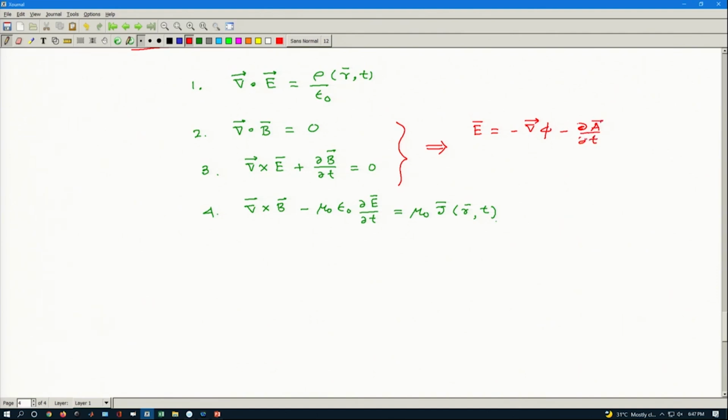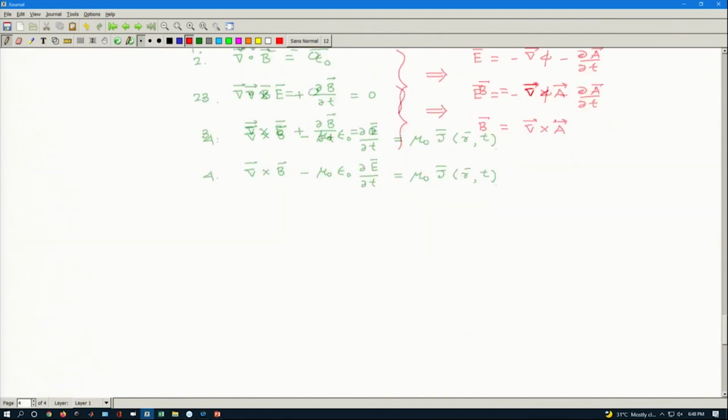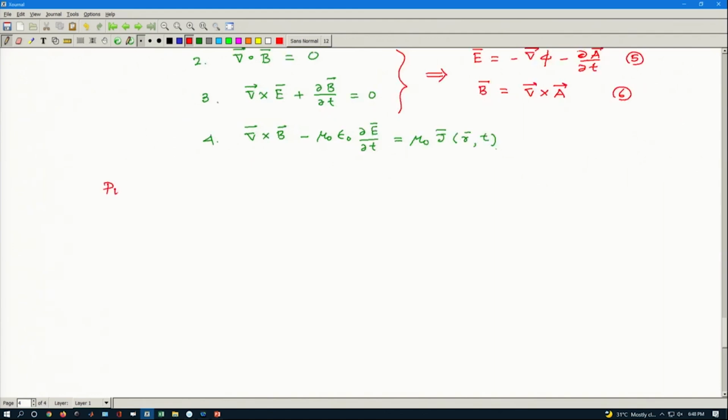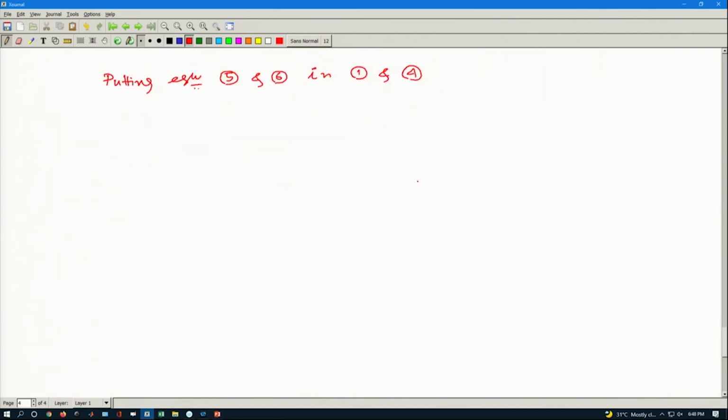So, I can express this information in terms of a scalar and vector potential, just exploiting these 2 homogeneous equations, and B was curl of A. After that we put this information, equations 5 and 6, into equations 1 and 4, which are non-homogeneous in nature.